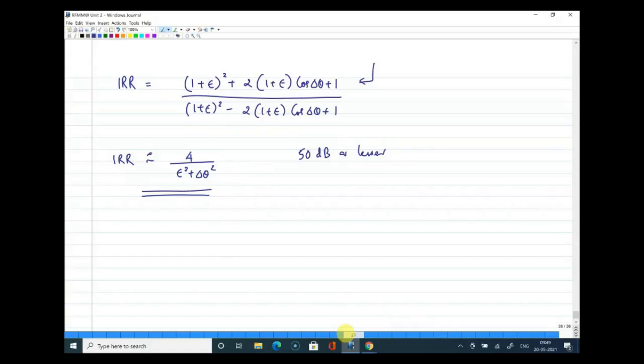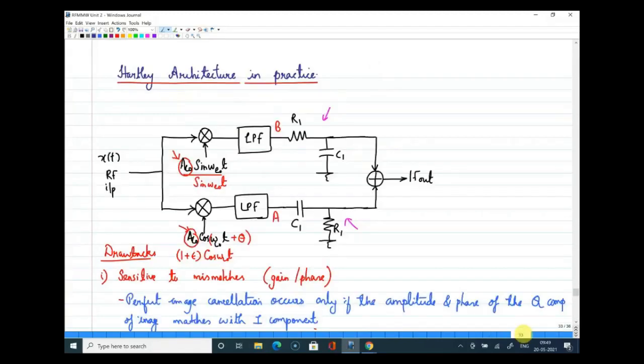But not only this, we have already discussed one problem, that it is sensitive to gain and phase mismatches in the LO signal.